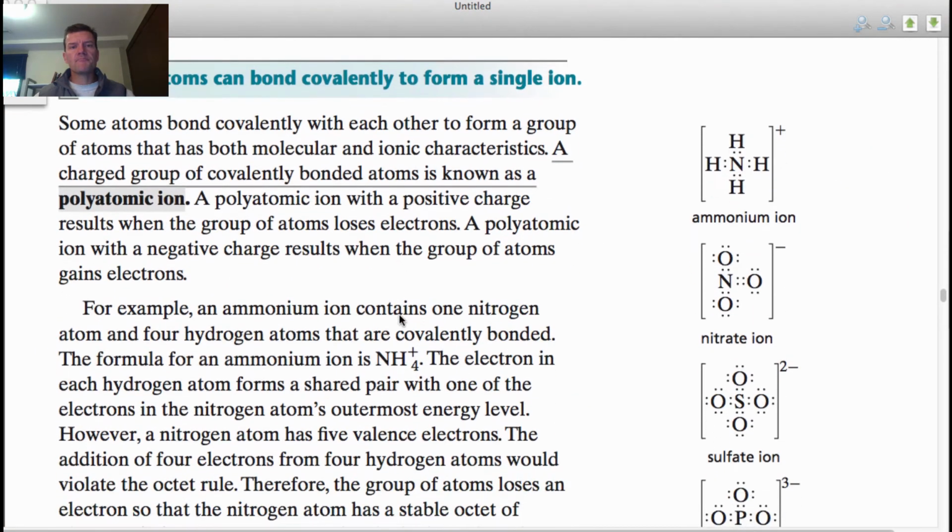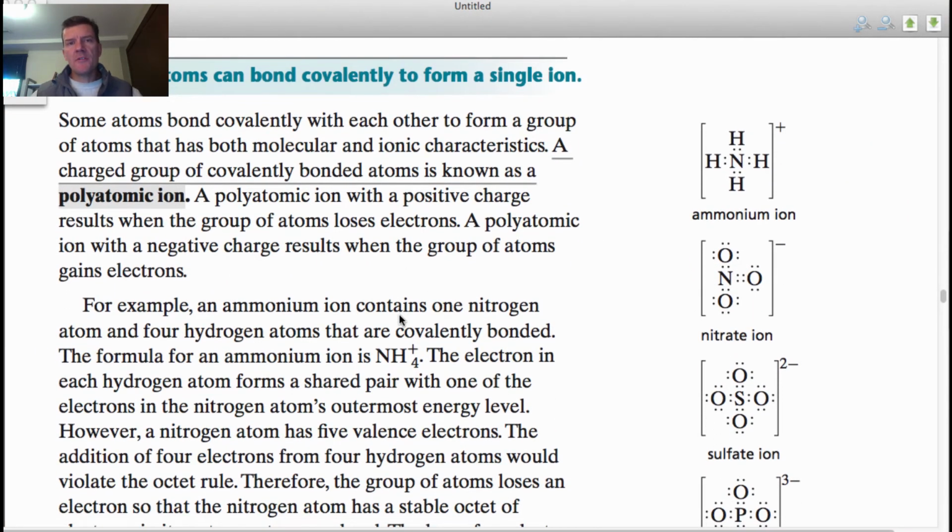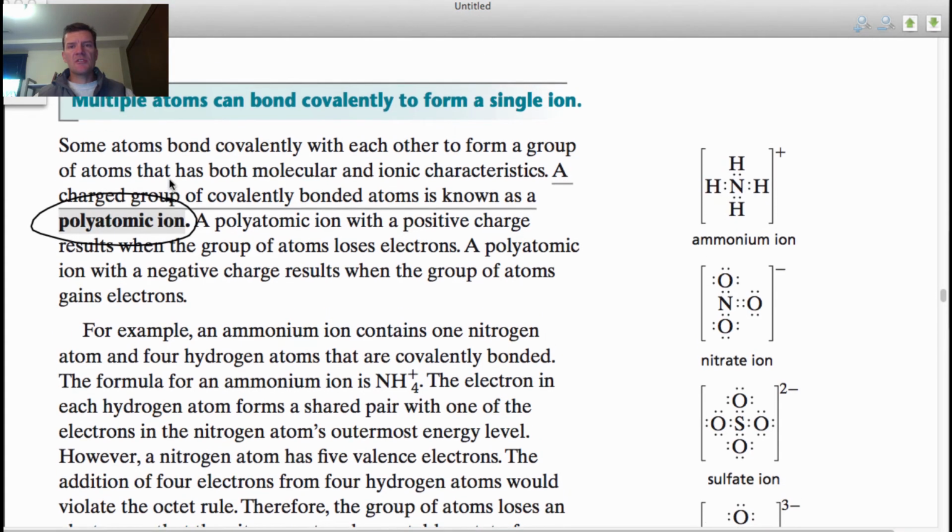Okay? Now, one other thing when we talk about ionic and covalent is this idea of a polyatomic ion. I want to show you something really quickly here. Here you have NH4. Notice there is a charge on that entire group, not just an individual element, but the entire group.